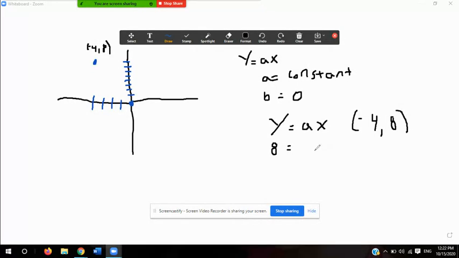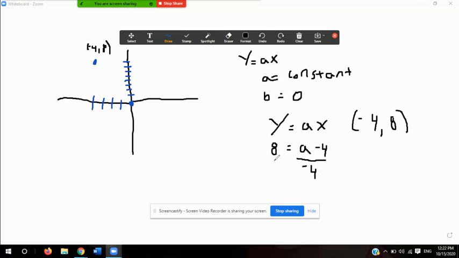So I know that x is -4, y is 8, and a is what I'm looking for. In order for me to find the value of a, I solve this like I would any normal equation, and I divide by -4.